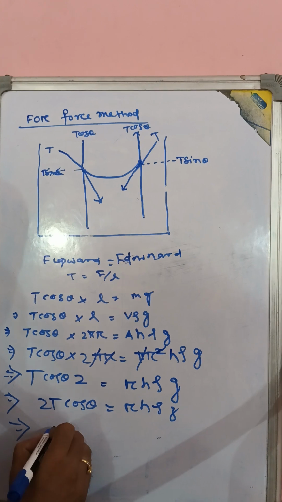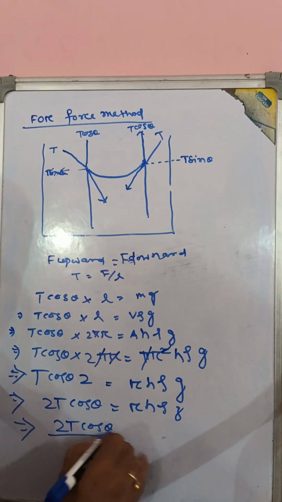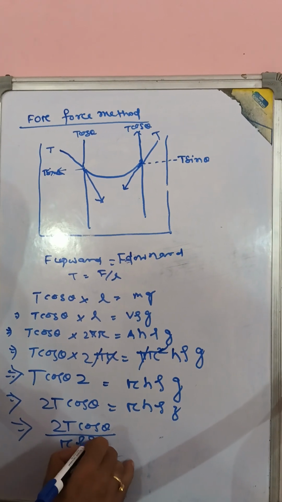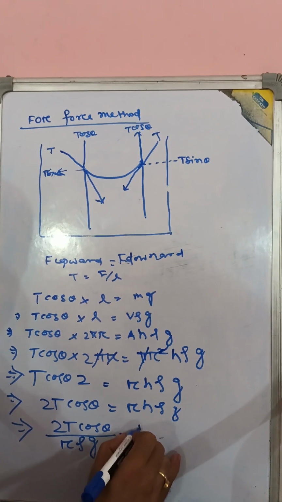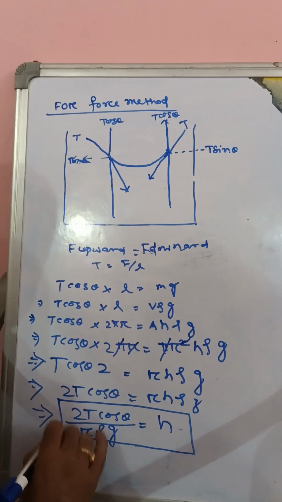This implies that 2T cos theta divided by r rho g is equal to h. Both the equations are the same.